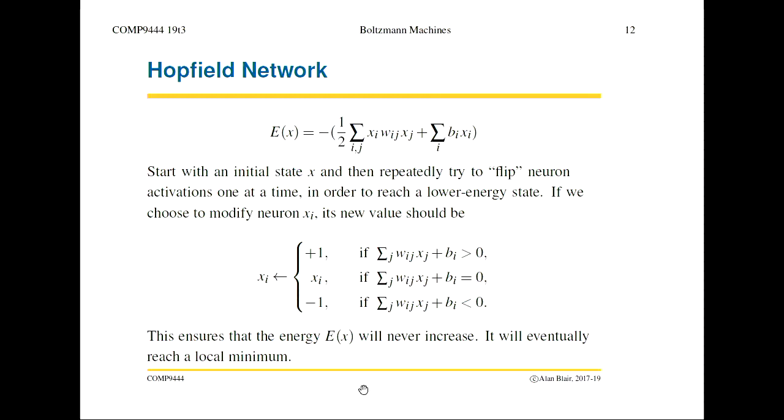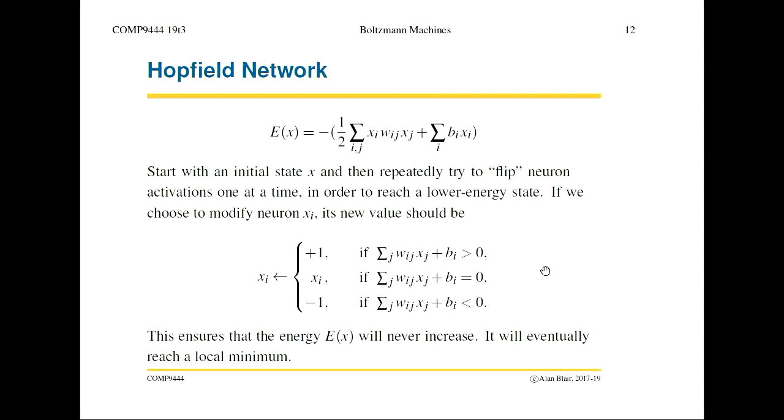And it turns out that if you follow these rules, clearly the energy will never increase. It will only ever stay the same or decrease. And eventually it must reach a local minimum, because there's only a finite number of configurations.